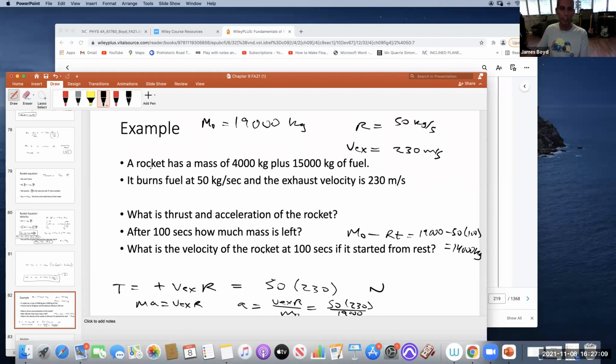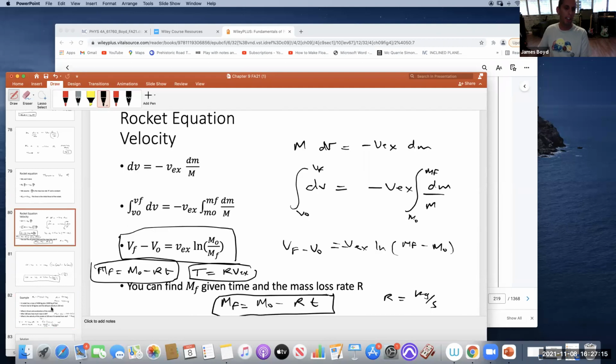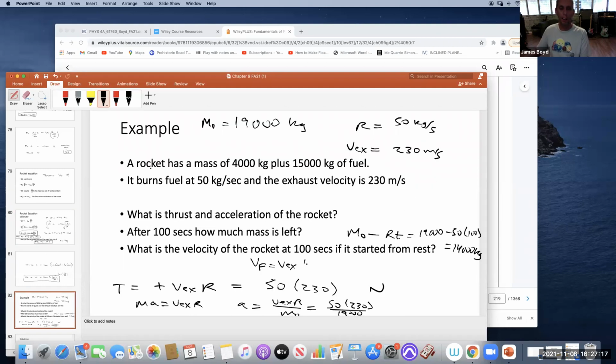What is the velocity of the rocket at 100 seconds if it started from rest? V final is VEX ln of M initial over M final, which is 230 ln of 19,000 divided by 14,000.